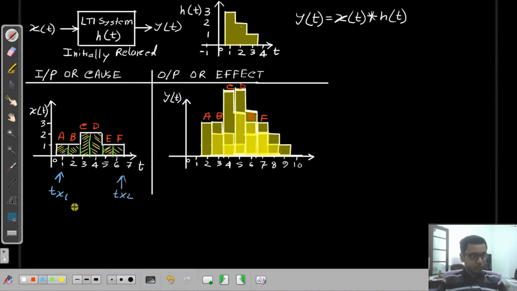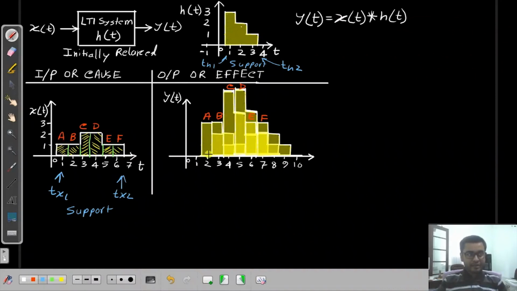So this is the support, and for this signal, say the support is th1 and th2.